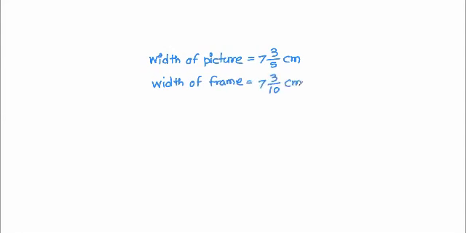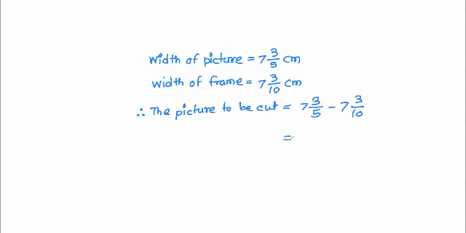And so we want to find how much to be cut. So the difference means subtraction. Therefore, the picture to be cut is equal to 7, 3 upon 5 minus 7, 3 upon 10. Because the picture is greater and the frame is smaller. So we are subtracting the smaller one from the greater.